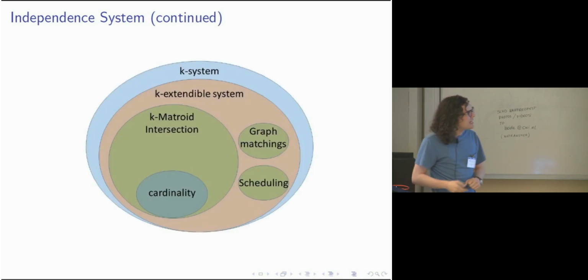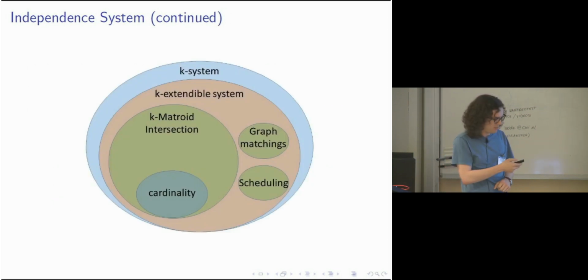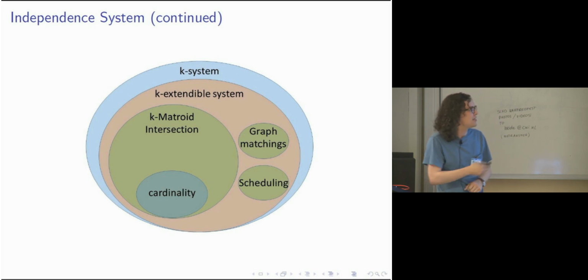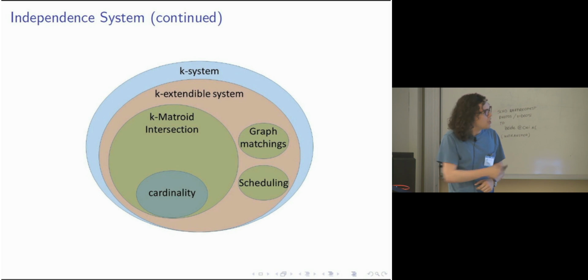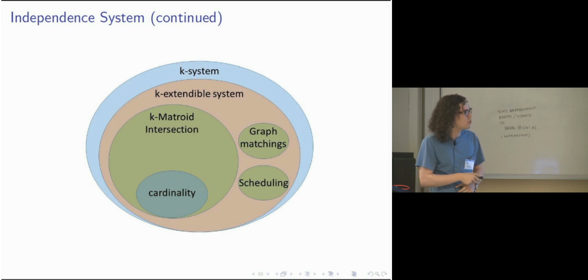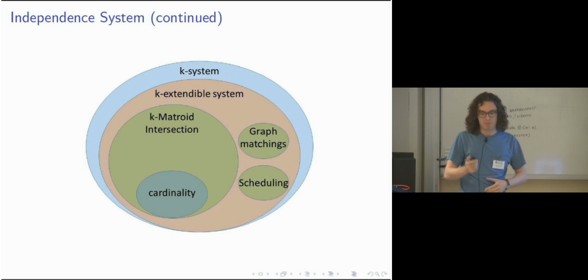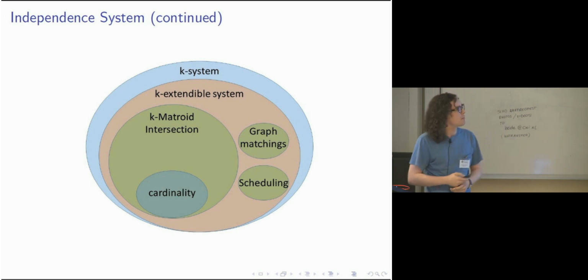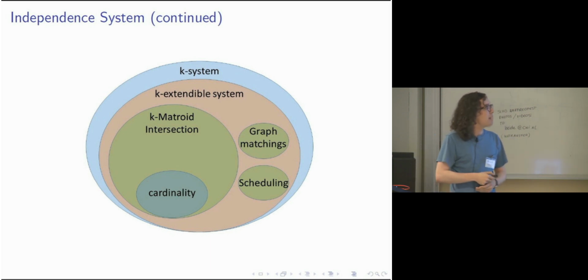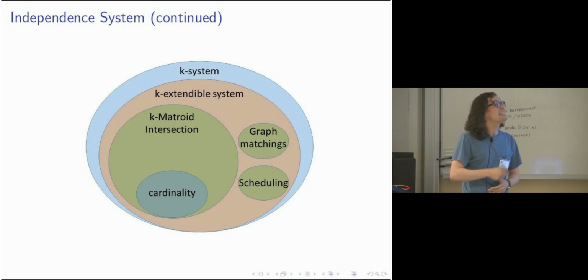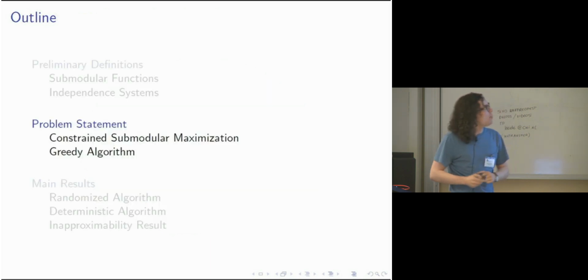So every K-extendable system is a K-system. There are lots of things like the matroid intersection, cardinality constraints, graph matchings, things that come up in scheduling. So K-extendable captures a lot of what we're interested in, but K-system is a larger, broader set of constraints.